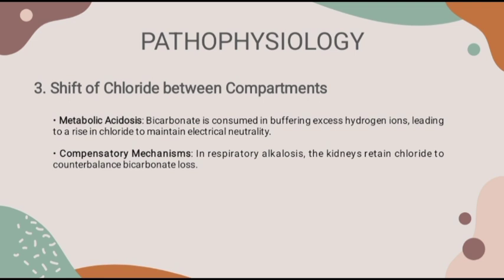So, tumutulong yung chloride para ma-replace yung nawalang negative charge from bicarbonate, ensuring the blood maintains electrical neutrality. So, this compensatory mechanism helps the body cope with the changes caused by the respiratory alkalosis and prevent further imbalance. In simple terms, as the body loses bicarbonate, it adjusts by increasing chloride to keep things balanced. So, ito yung tinatawag natin na chloride shift.